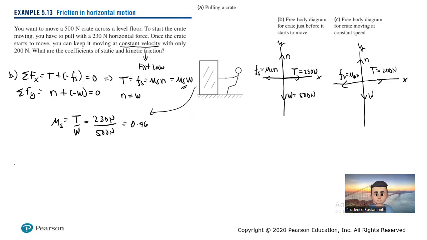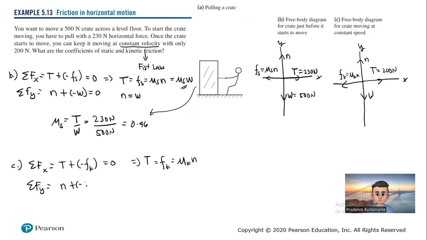For letter C, the free body diagram, the summation of all the forces along X is equal to the tension plus F of K is equal to 0, which implies that the tension is equal to F of K, which is equal to mu sub K times the normal force.